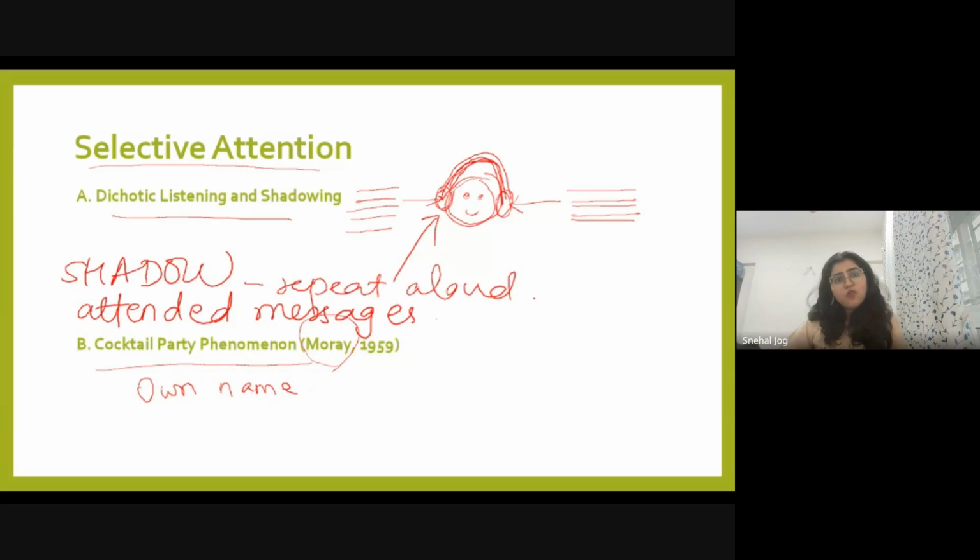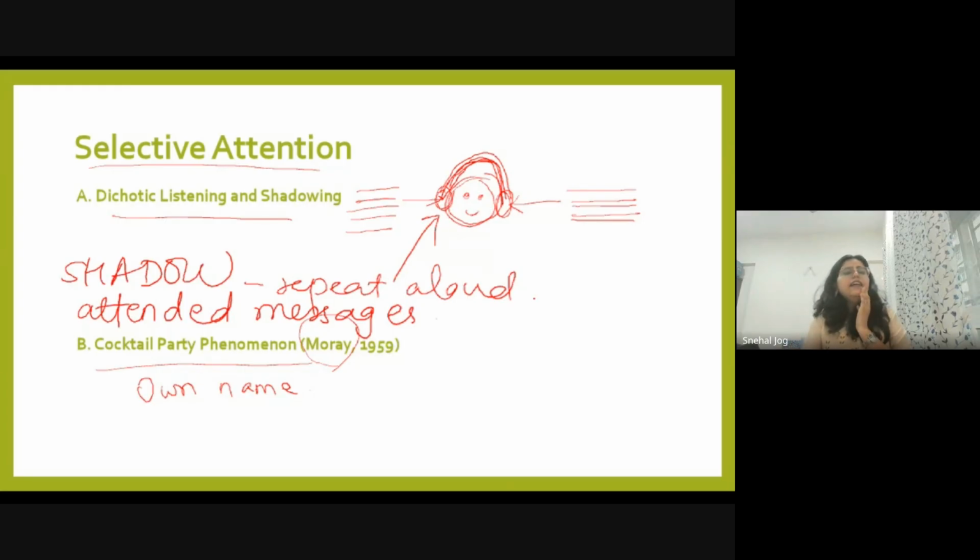Like for example, I am zoophobic, so the moment someone says crow, even if that person is not really mentioning it in terms of a crow being nearby, still the threshold for that word is so low for me, I will start running immediately. So that is the cocktail party effect. It is not only related to someone saying out your name, but also a few other words which might have a lower threshold.